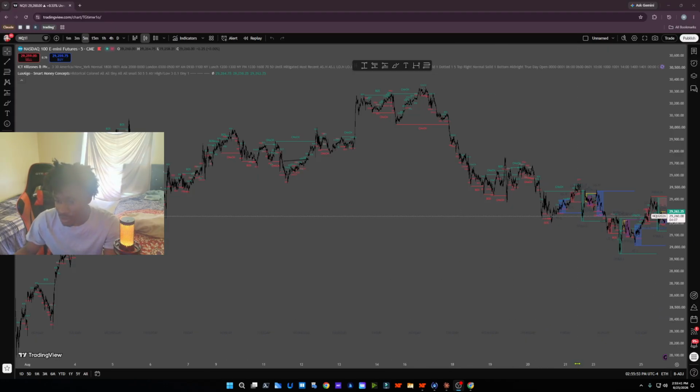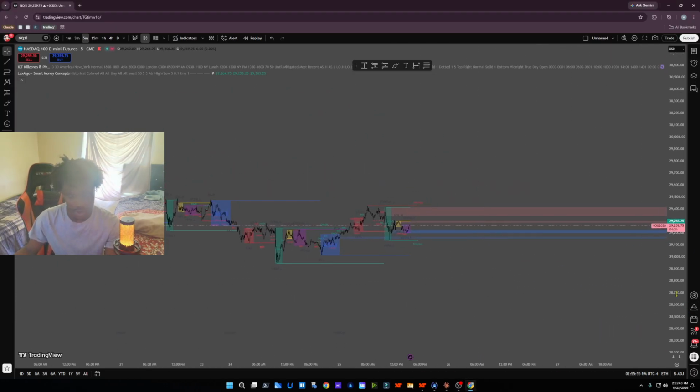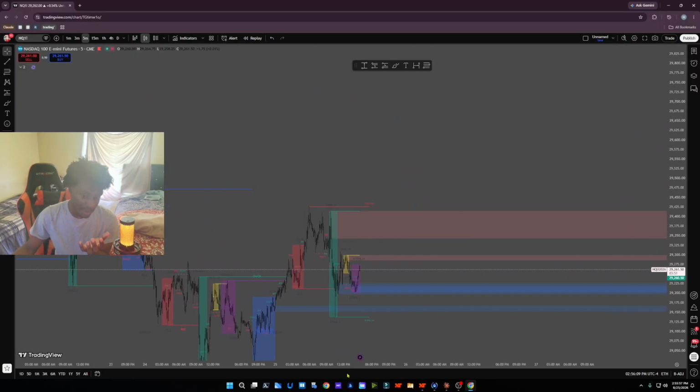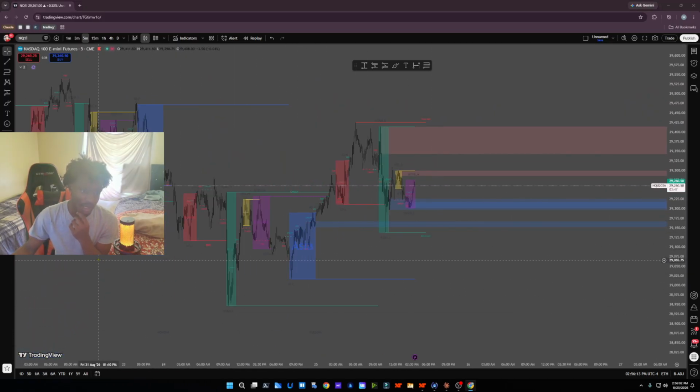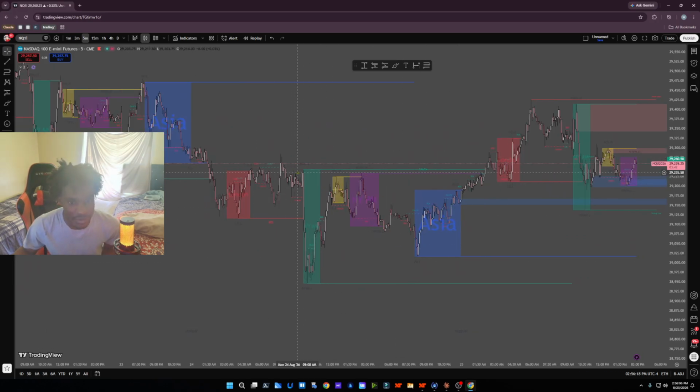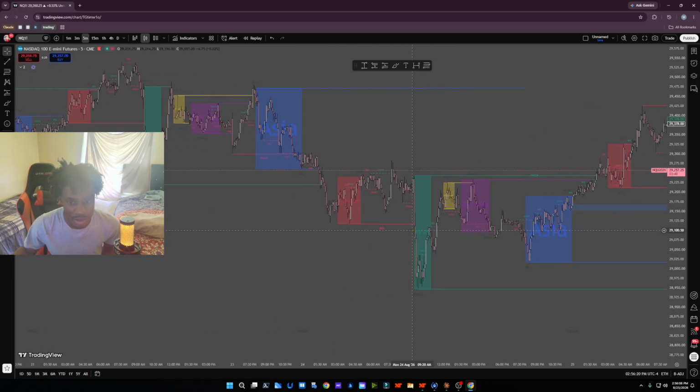So the first thing that we want to talk about here, there's only two that you really need. I know a lot of people like to have multiple indicators, but there's really only two that you need. For me, I have my targets based on highs and lows of the market. So let's say, for example, if New York Open started here, I would expect it to bounce or to continue.